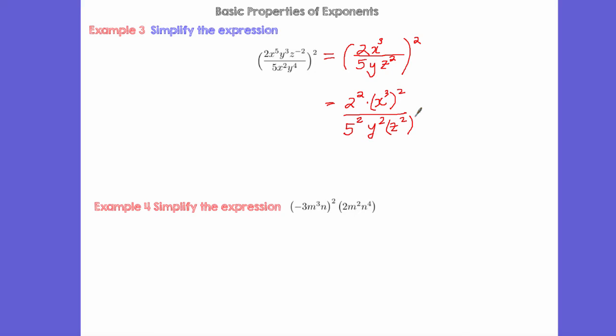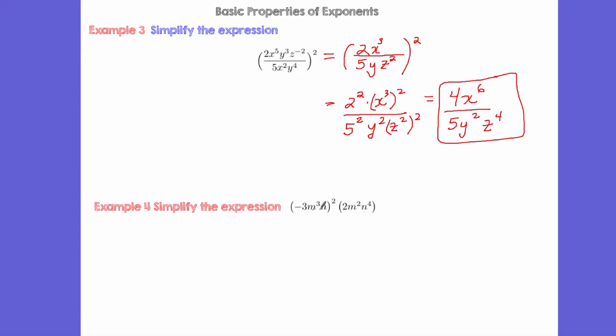And I'll put parentheses around that. Now you got to clean that up. So you have 2 squared, which is 4. Power to a power, x cubed. Okay, you're going to multiply. That's x to the 6th over 5y squared. And 2 times 2 is 4, so you get z to the 4th. Okay, there's our simplified answer.